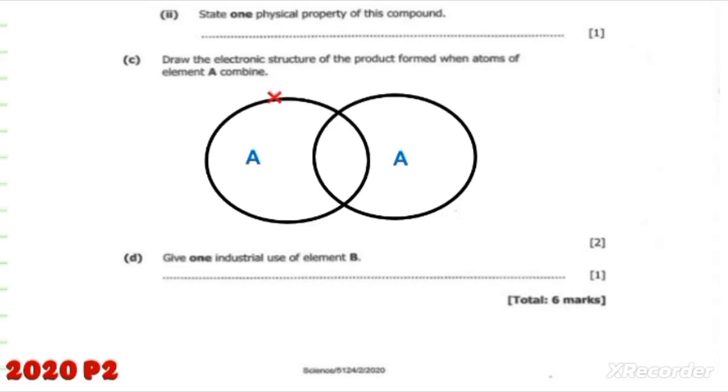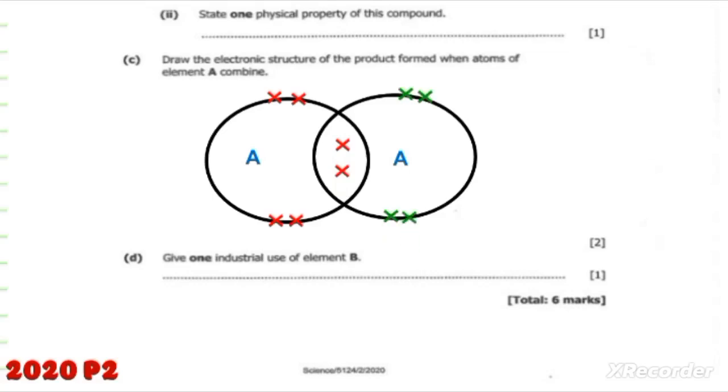Okay, so A has 6 electrons in the outermost shell. So for this element to be stable, by the way, this is oxygen, it needs to gain 2 electrons. So instead of gaining these 2 electrons, it will share these 2 electrons. This one also is supposed to gain 2 electrons for it to be stable.